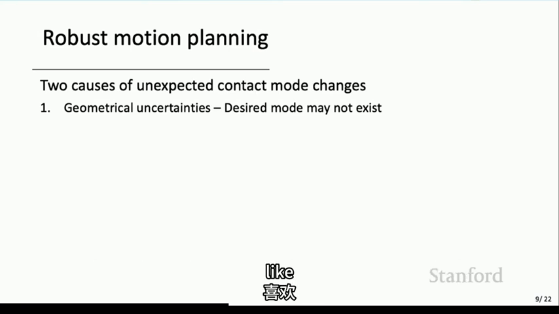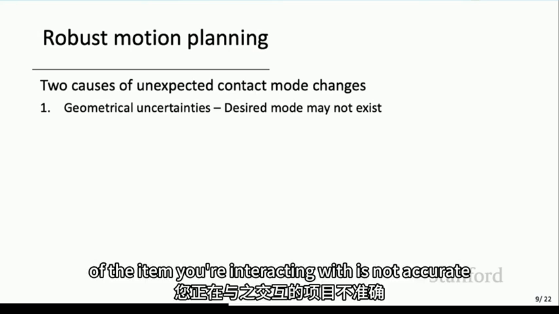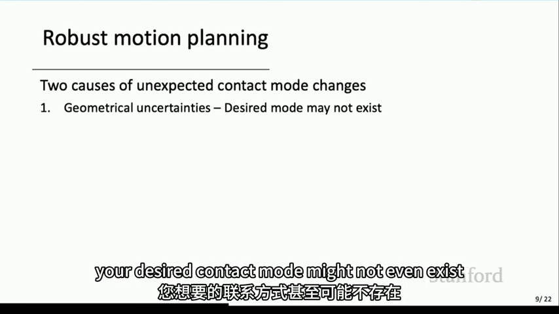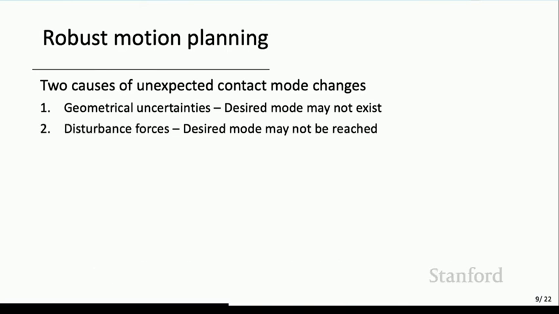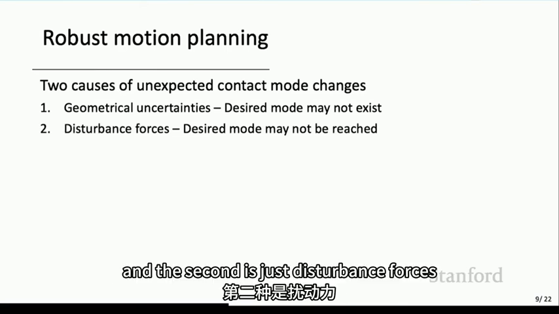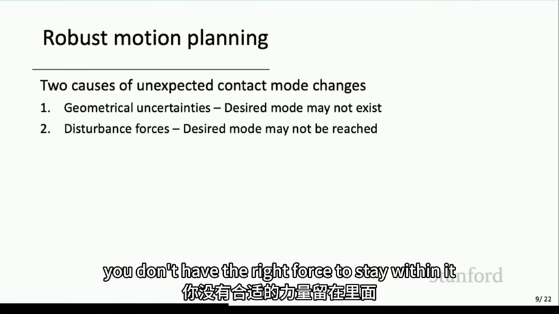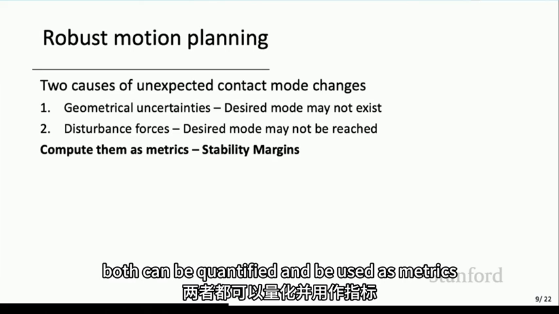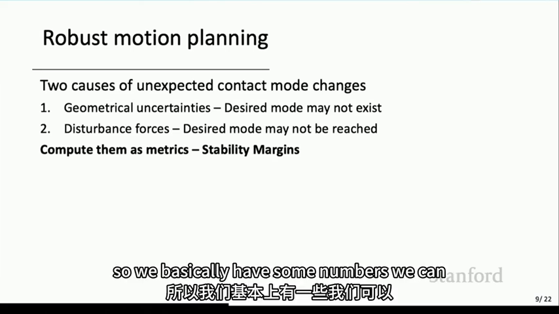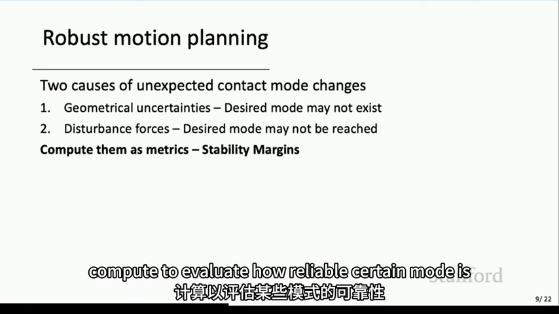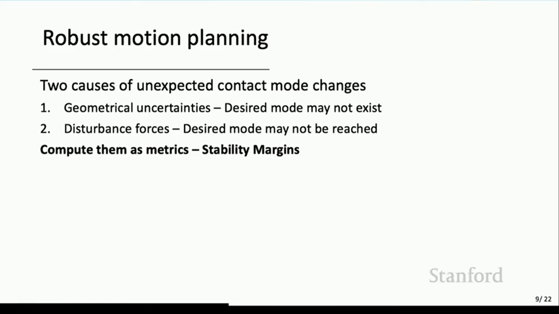The shape of the items you are interacting with is not accurate. That means your desired contact mode might not even exist. And second is disturbance forces. So the mode exists, but you don't have the right force to stay within it. Both can be quantified and used as metrics. So we have some numbers we can compute to evaluate how reliable a certain mode is.